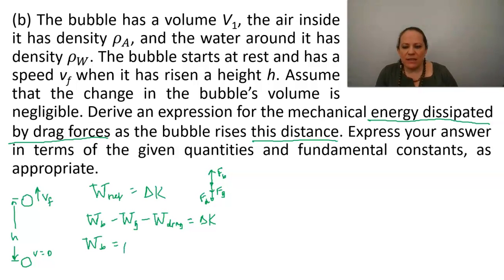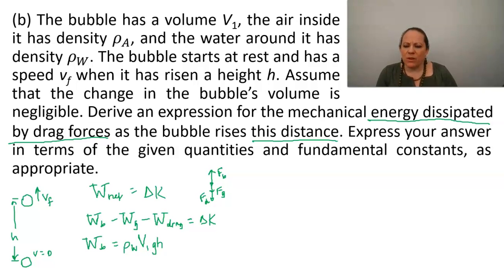So we can write this as rho W times V1, which was the volume of the bubble, times g h, because of course the bubble is displacing a volume V1 of fluid of density rho W.